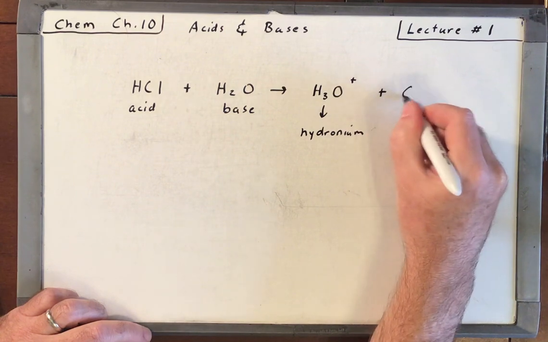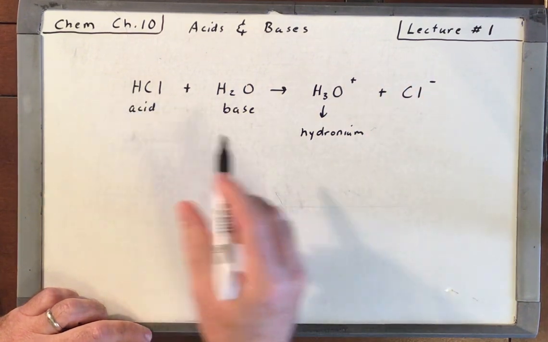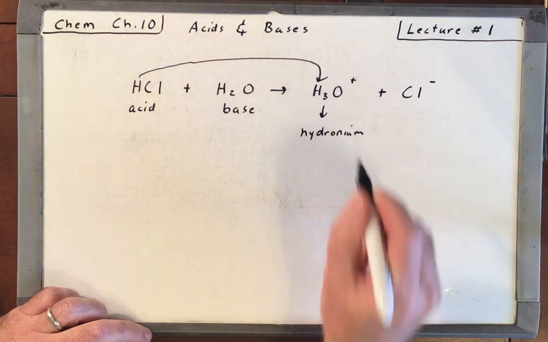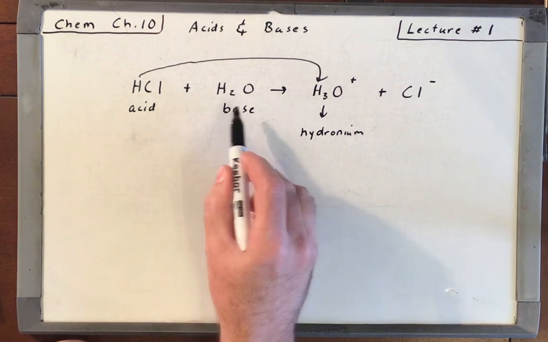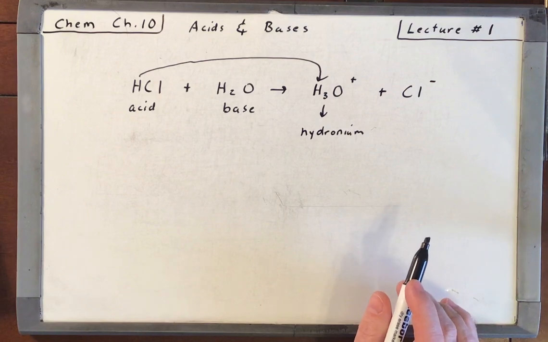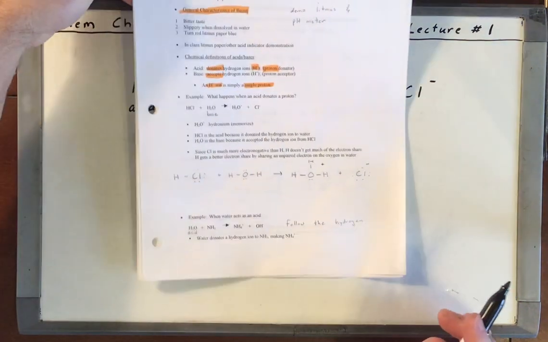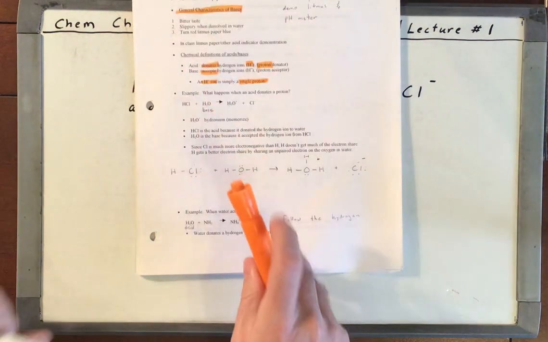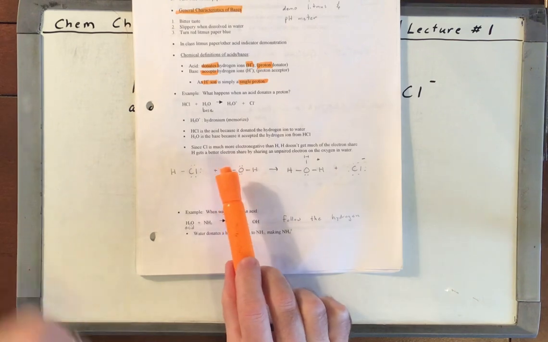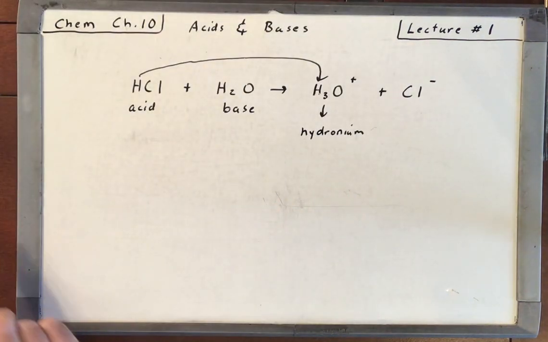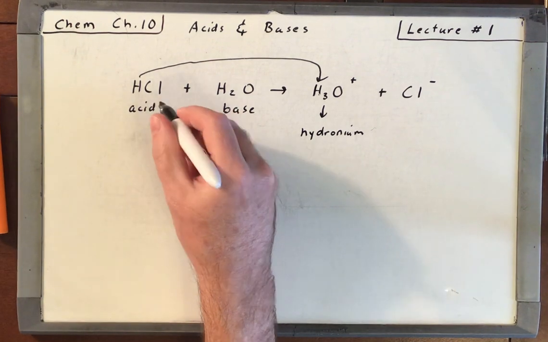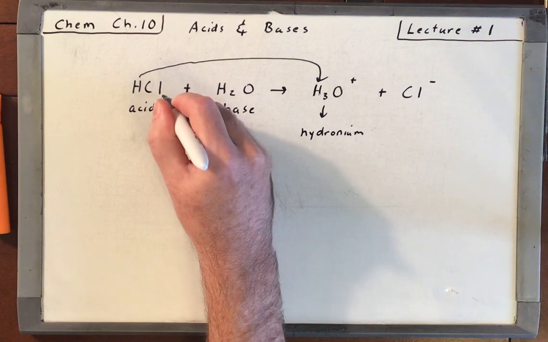And then what's left is the chloride ion. That hydrogen ended up going right here. We know it's an acid because it gave up a hydrogen, and we know it's a base because it gained a hydrogen. That's explained in these two bullet points right here. The reason this happens is that chlorine is much more electronegative than hydrogen.